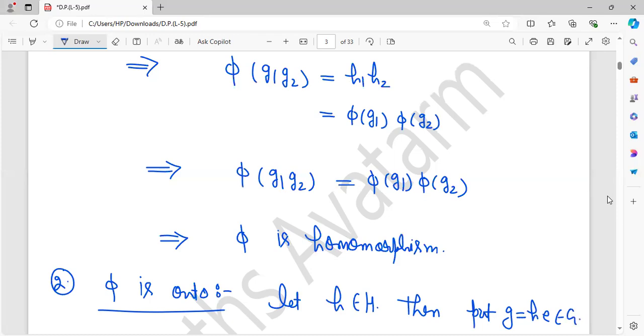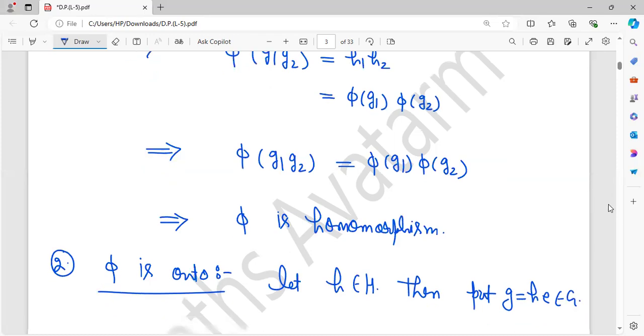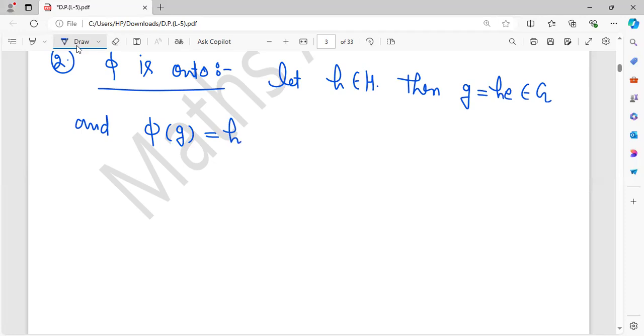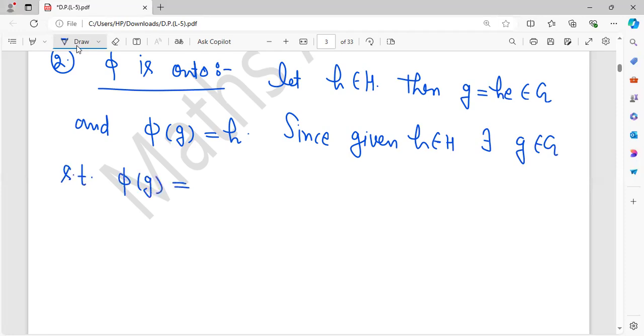Since for h belongs to H there exists g belongs to G such that phi of g is equal to h, this implies phi is onto.